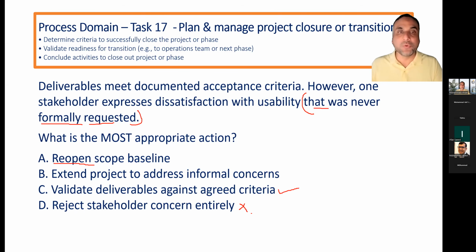But if you do it with the same baseline, if they ask for that feature and you do it within the same phase, what will happen? Exactly. Scope creep will occur.